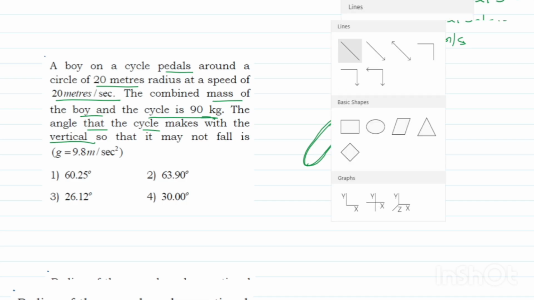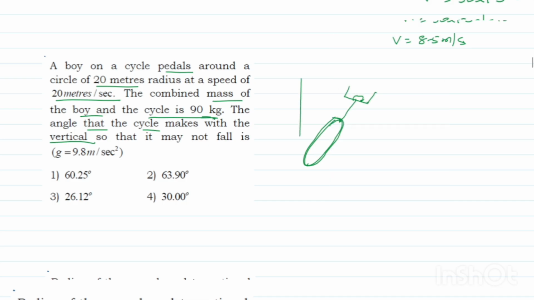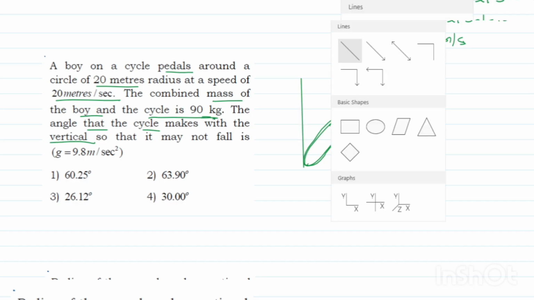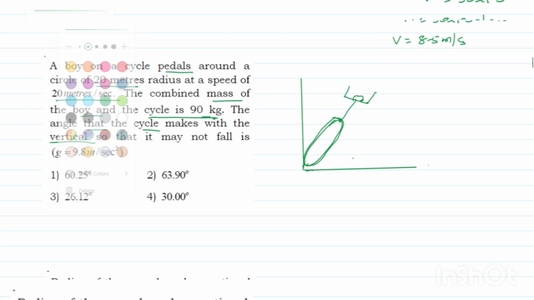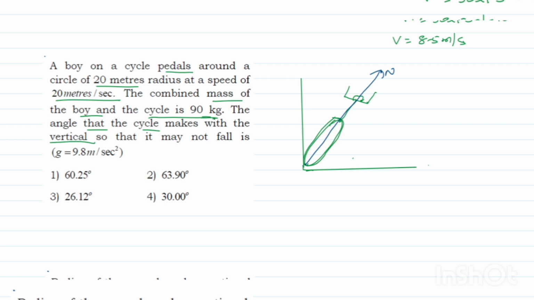It is going to be making a turn. At the point of contact, this is the normal reaction, which is making an angle theta with the vertical. They are asking for this theta value.